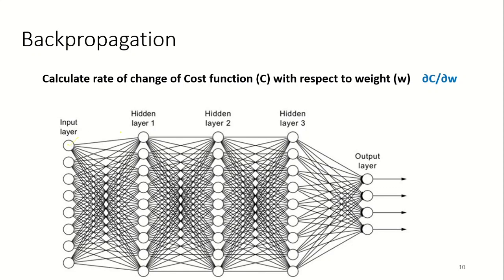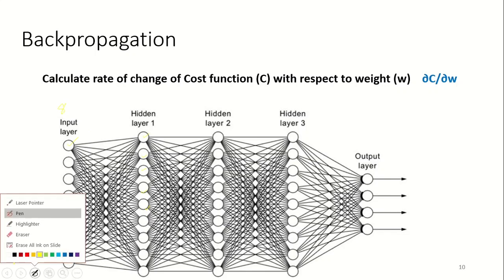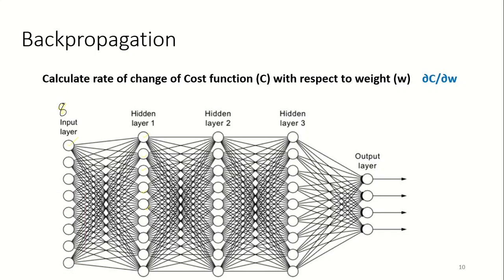So if we have 8 nodes over here, and 9 nodes in the first hidden layer, then we have 8 into 9 edges between the input layer and the first hidden layer.